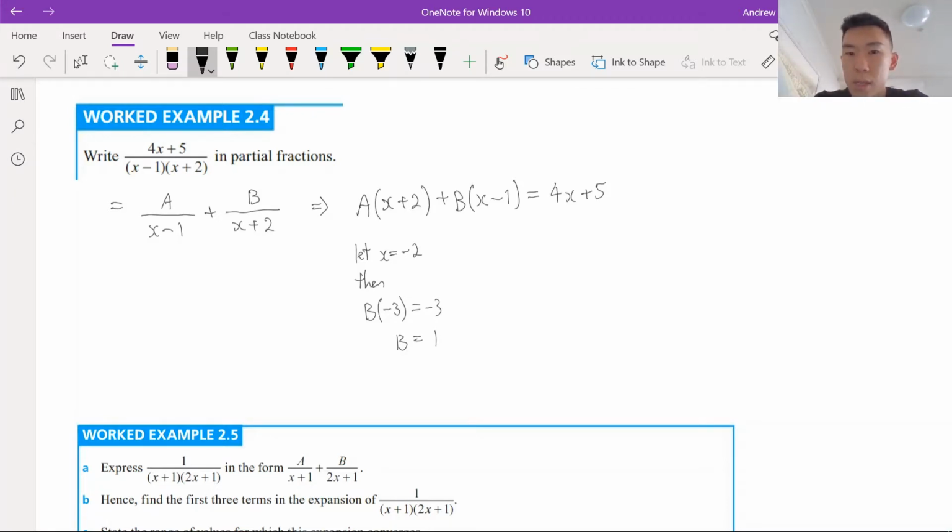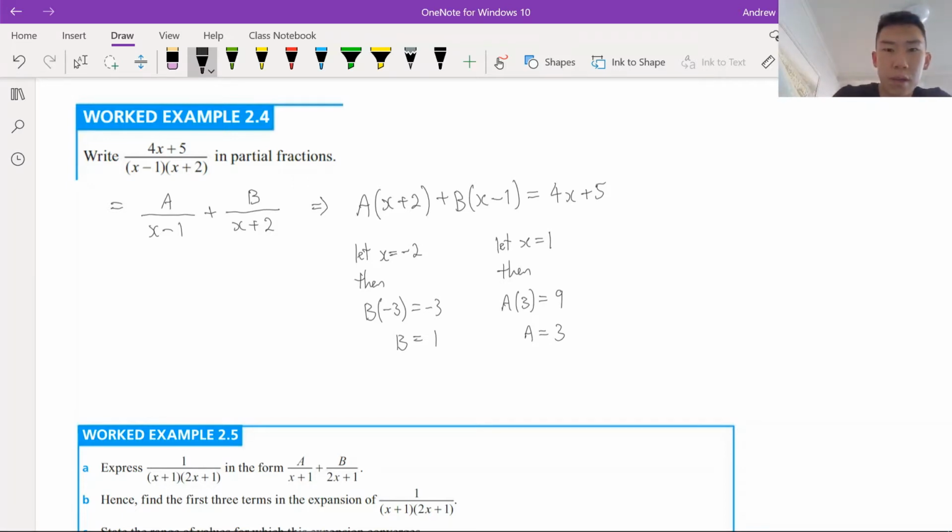And now let's try to solve for A. If we want to solve for A, we need to eliminate B. So ask ourselves, what does x have to equal if we want to get rid of B? Well, it has to equal 1. So when x = 1, the equation looks like this: A times 3 equals 9. Therefore, A = 3.